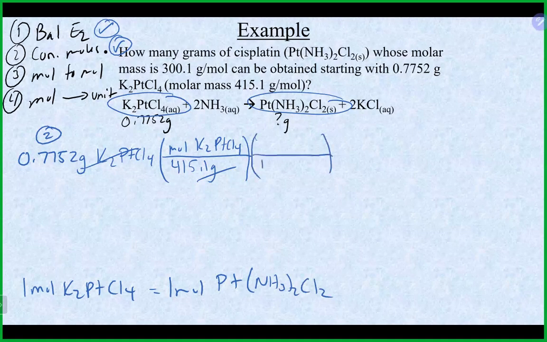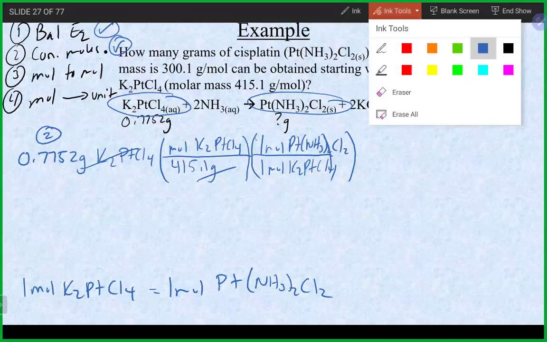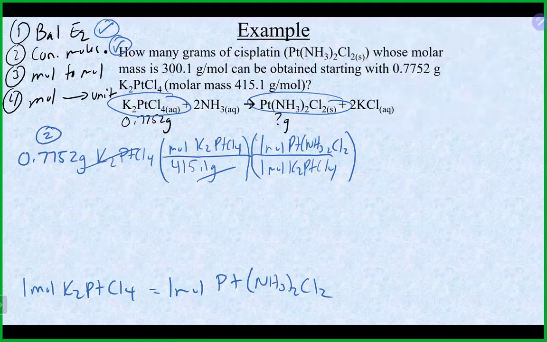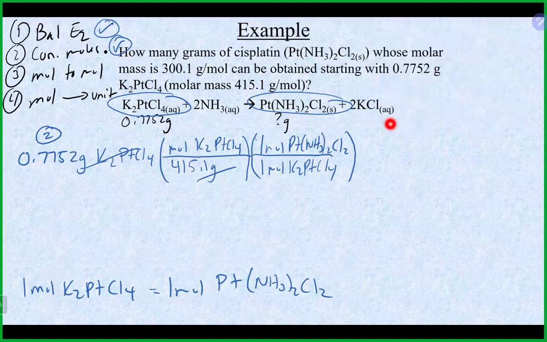So from the equation, 1 mole of K2PtCl4, 1 mole of our product. Too long of a formula to fit. We'll make our parentheses bigger. And again, at this point, if we were to stop, the moles of our K2PtCl4 would cancel, and that would be our third step.